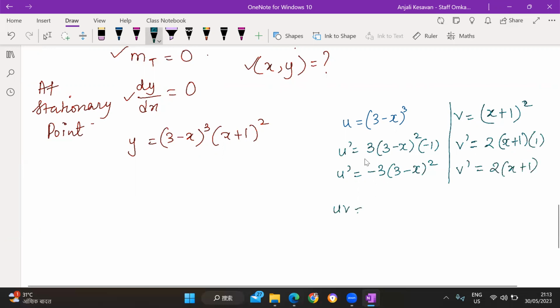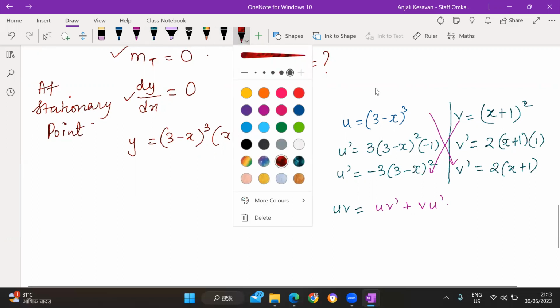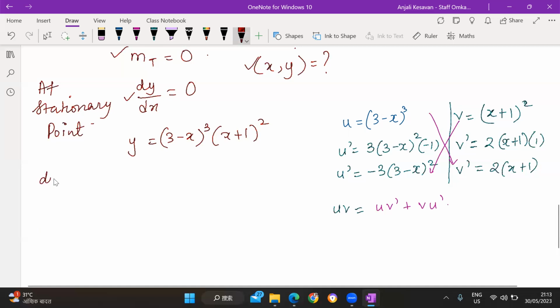What is the uv rule? u times v prime plus v times u prime. Yes. So what is our solution? What is our derivative? The derivative of this curve with respect to x is, what is it?